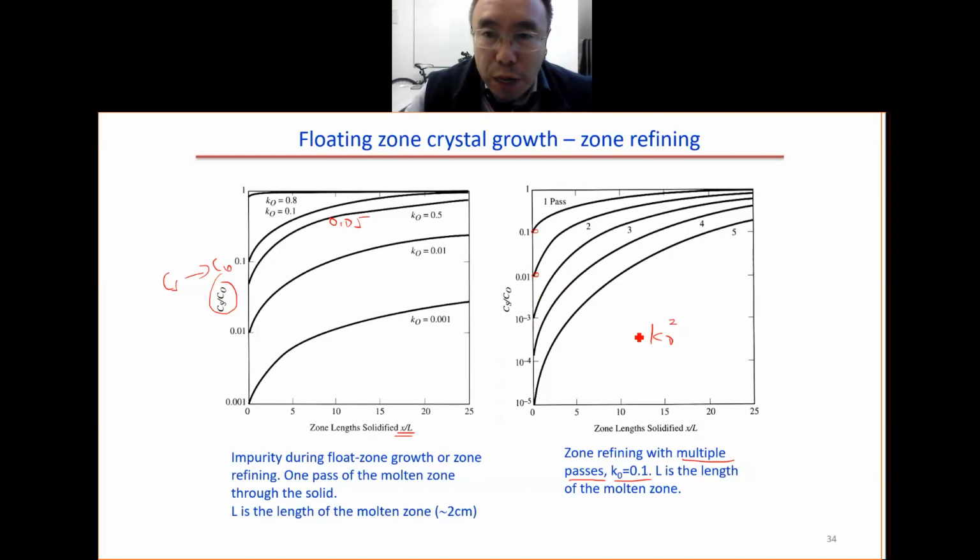Third pass, we have the cube. So every pass, the impurity concentration becomes lower and lower. It got purified. The silicon gets purified at the lower x value. This is called zone refining, purification by zone refining.